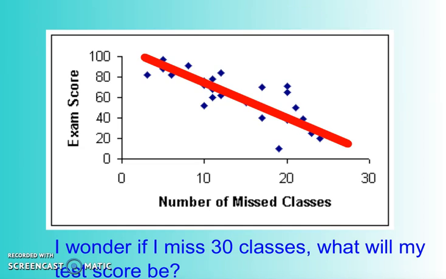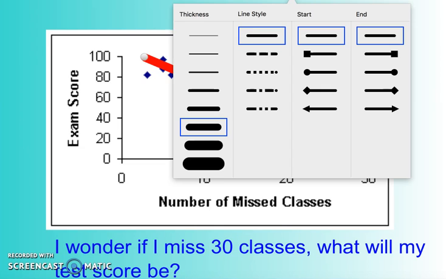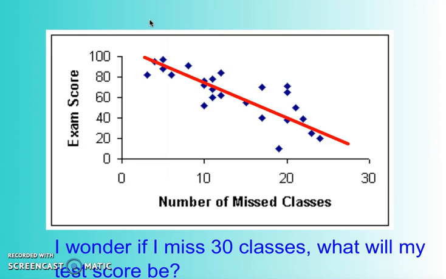Well, about right there. And I'm going to make this actually a little bit smaller. Okay, so it looks like it's a negative correlation. And it's a moderate negative correlation.